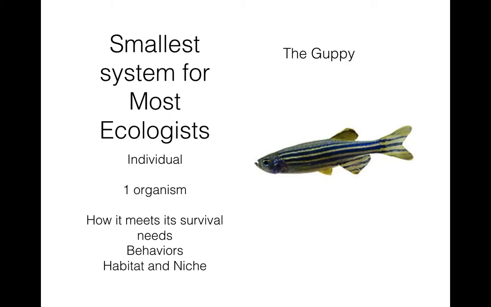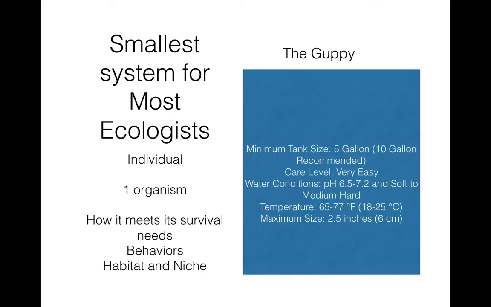If we pick a guppy, a very simple tropical fish, and actually that picture is not a guppy, it needs a minimum of 5 gallons, but 10 gallons are recommended. If you went to the store and bought it, it would be recommended for beginning aquarium people, because it's easy to take care of.